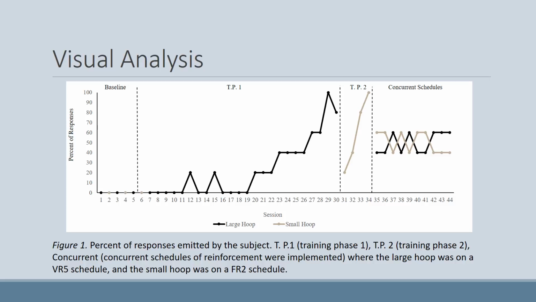Following that, the next training phase was training phase 2, and that only had 4 trials, and that was a very, very steep increase in responding behavior. Here are the concurrent schedules of reinforcement phase, and you can see that they were very similar in their responding.